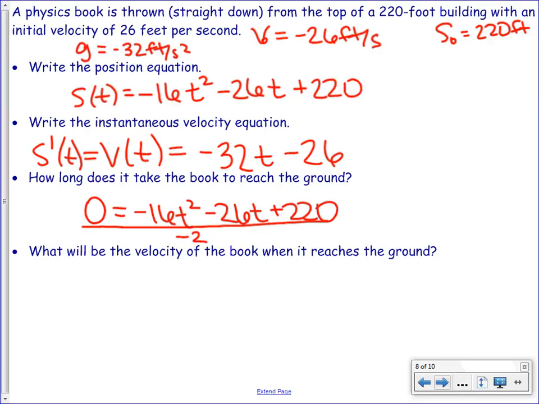Negative 2. 4 doesn't go into 26, does it? Okay. So 0 equals 8t squared plus 13t minus 110. Those numbers are going to be easier with your quadratic formula. Find me those values.